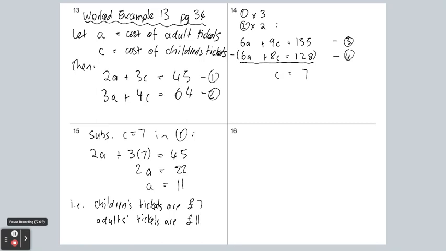Miles? Oh, what have I done? 21. Yeah, I got distracted. 3a is 24, so a is £12.